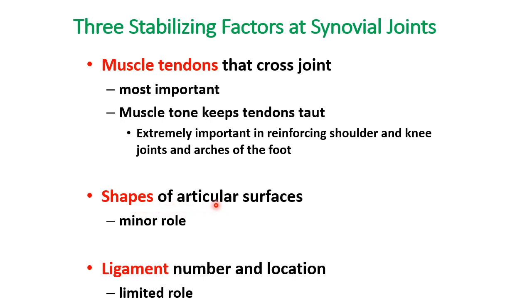Now, the shape of the joint itself is not really that important for stabilization, and neither are the ligaments between the bones. So what's really, really important is the muscle tendons that are going to stabilize the joint.